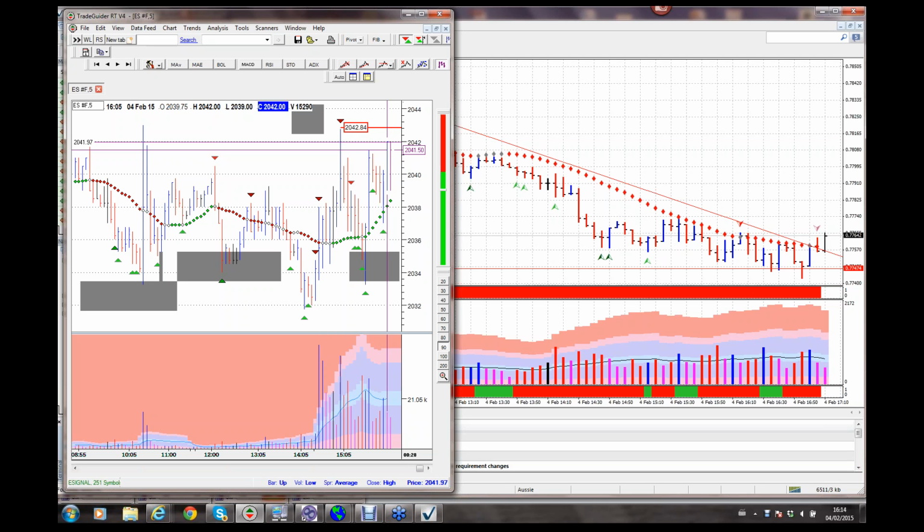It's based on the spring and a secondary spring, and then it's going to need some energy just to test this level and push up higher, which I think it's going to do. What I'm looking for is a punch through 2042.75 up to 2043 and see if we get there.